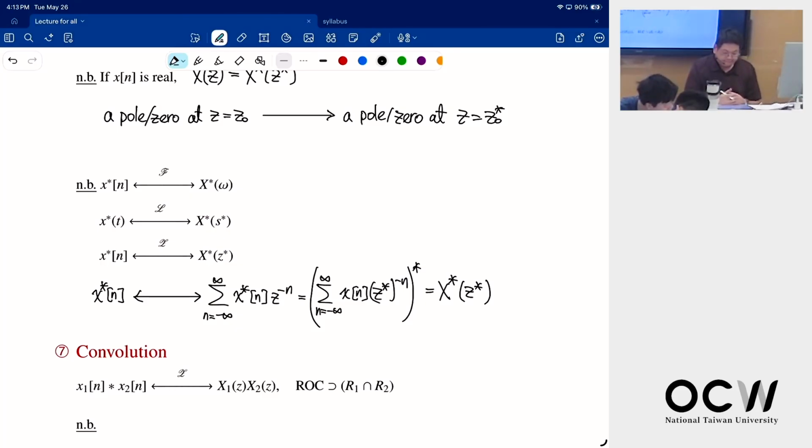For the convolution, always that if you convolve in one domain, in the other domain they do the multiplication.